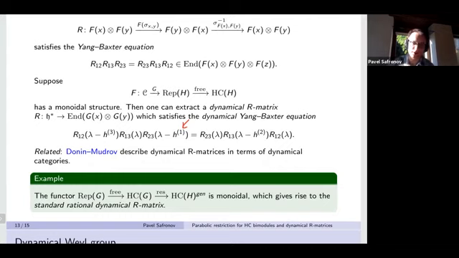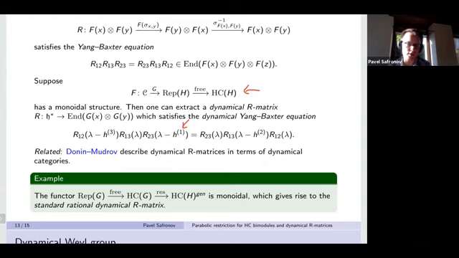As I said, free modules are sent to free modules, so it satisfies this assumption. So it factorizes through a subcategory of Rep H. And the claim is that if you extract the corresponding dynamical R-matrix, that dynamical R-matrix is the standard rational dynamical R-matrix.